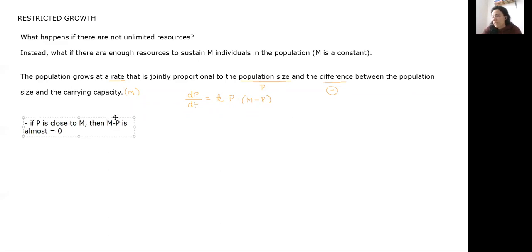Does everybody agree with that? If my population size is close to the maximum that I can reach, then M minus P is almost equal to 0, because M is almost the same as P.